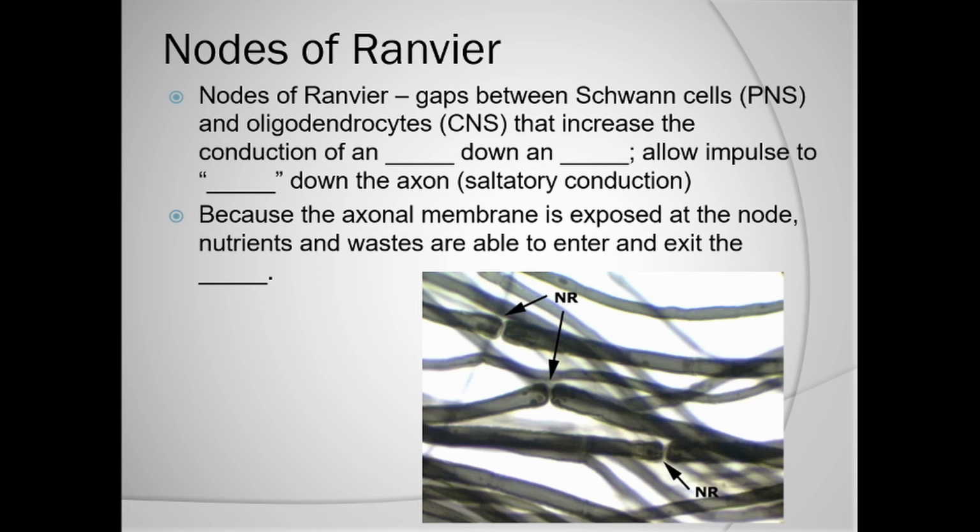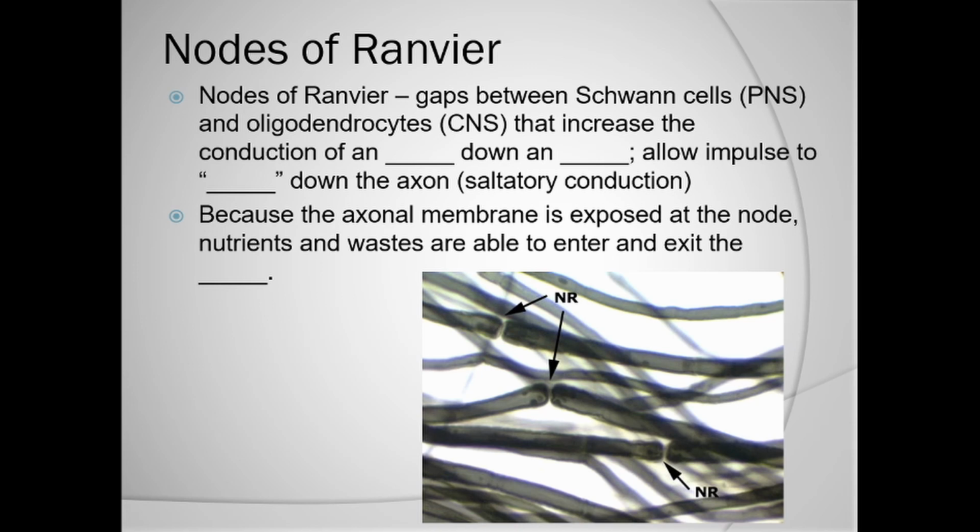Because the axonal membrane, or the membrane around the axon, is exposed at the node, nutrients and wastes are able to enter and exit the node. So the node kind of opens things up and allows waste to be released into the cerebrospinal fluid if it's the central nervous system, or into the circulation if it's the Schwann cells in the PNS. These wastes can be removed, because the axons are quite active, and with the myelin sheath around them, they cannot get rid of their wastes because the myelin sheath is pretty much impenetrable to those wastes.